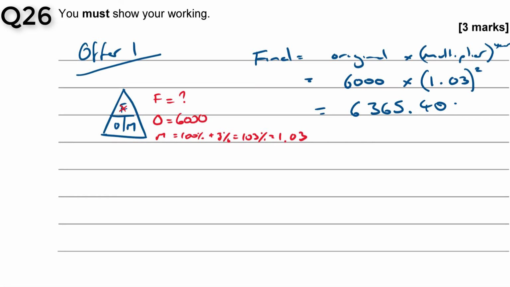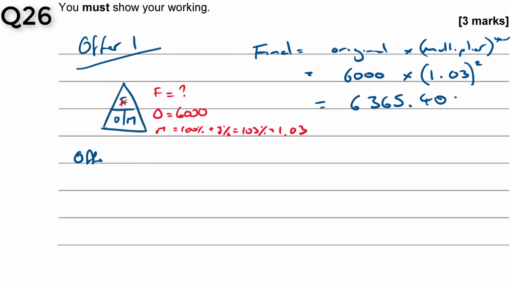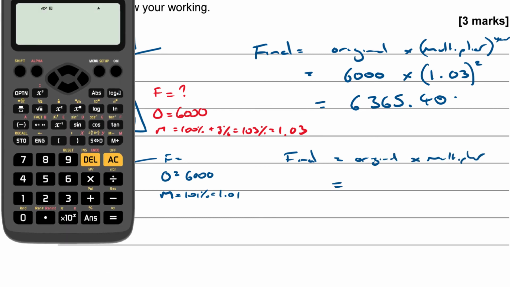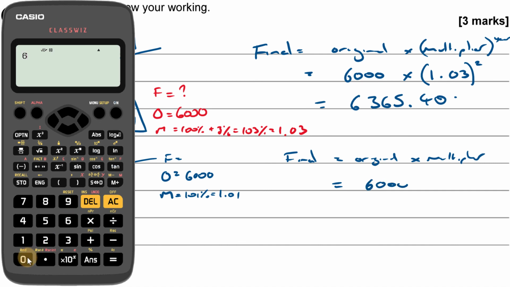Okay, now offer 2 I'm going to have to do in 2 steps. So final is what I want to find again. Original is 6,000, and then multiplier for the first year is 1%, isn't it? So it's 101%, which is 1.01. Okay, so then again, final equals original times multiplier, which is 6,000 times 1.01, which is what?